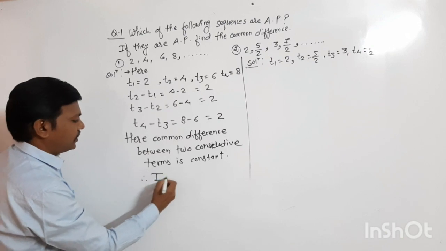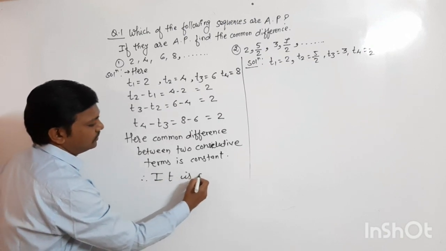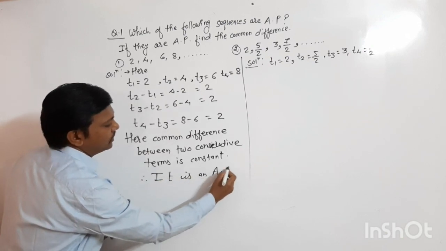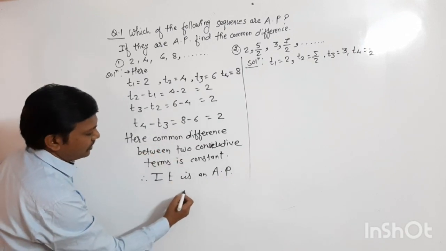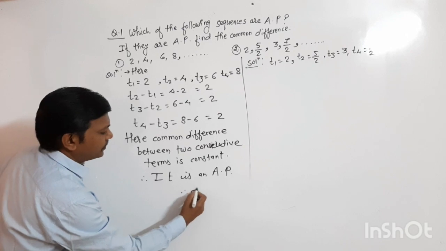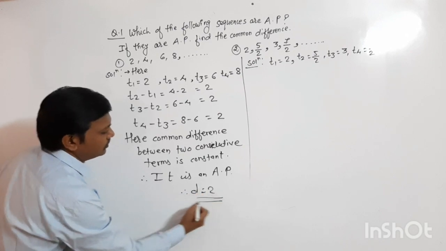Therefore it is an AP, and the common difference, that is d, is equal to 2.